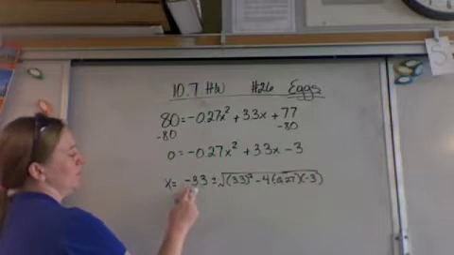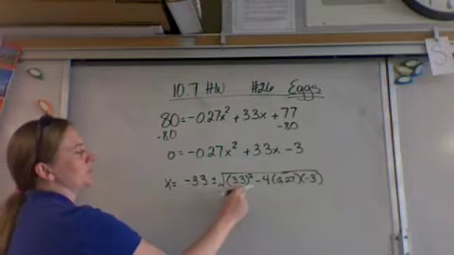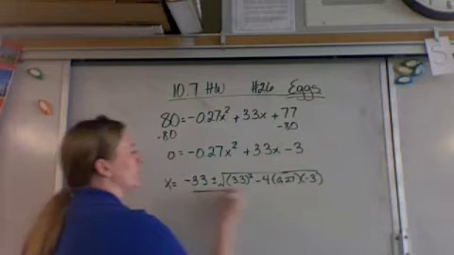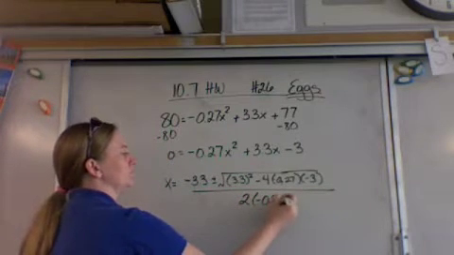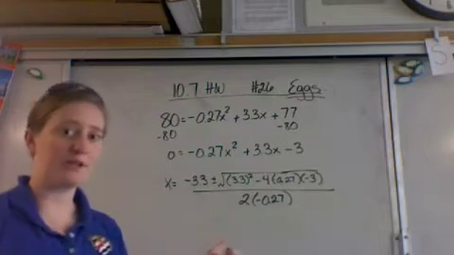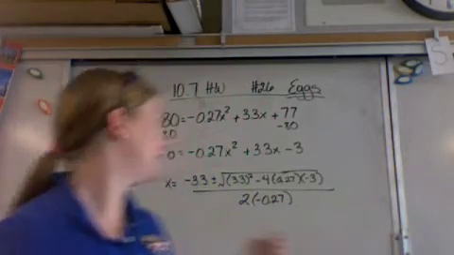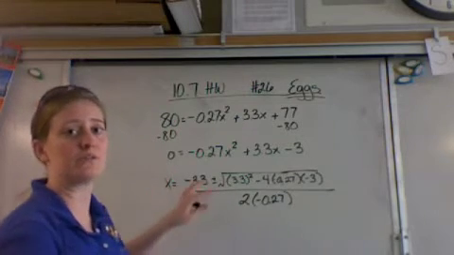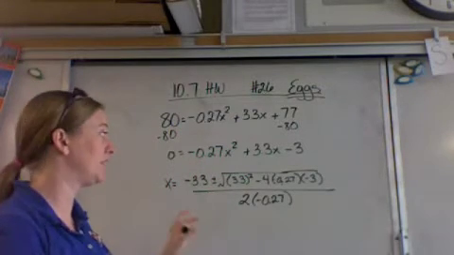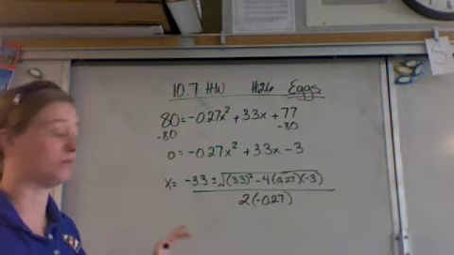So we have negative b plus or minus the square root of b squared minus 4ac, all over 2 times a. Now this is the kind of problem that can be tricky for some people because of the number of decimals we have here and also all the negatives in there. So we need to be really careful to pay close attention to everything you write down.